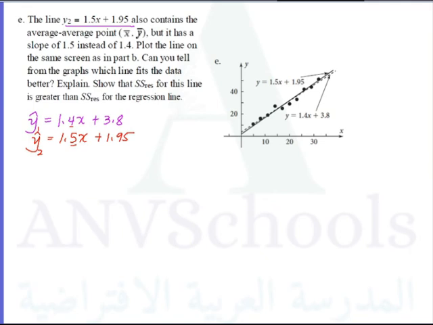This is 1.4x plus 3.8, the one in broken line. And our y equals 1.5x plus 1.95 is this. Okay? So as you can see, it is hard to tell which line fits the data better.